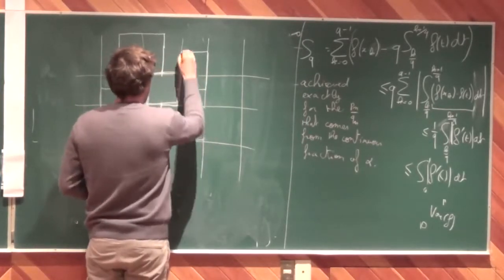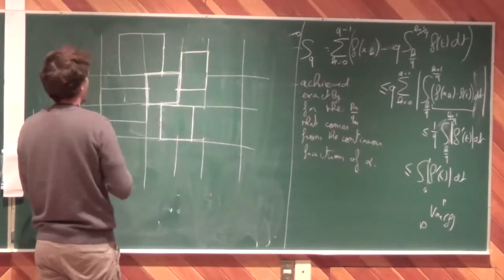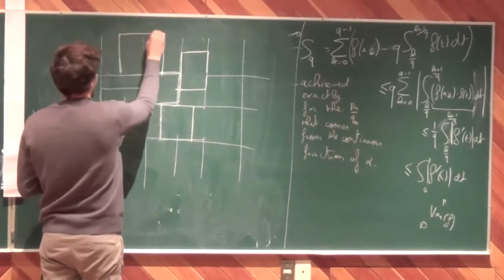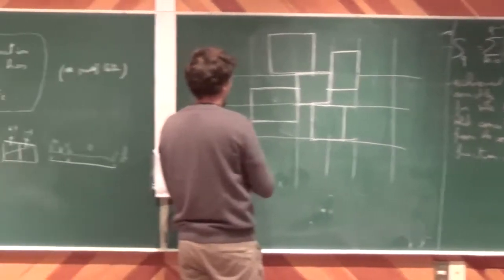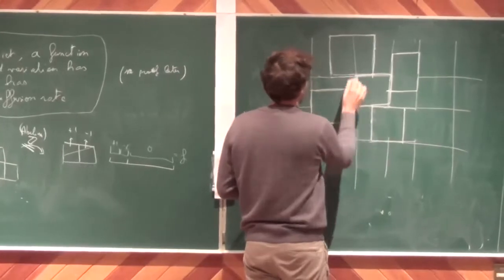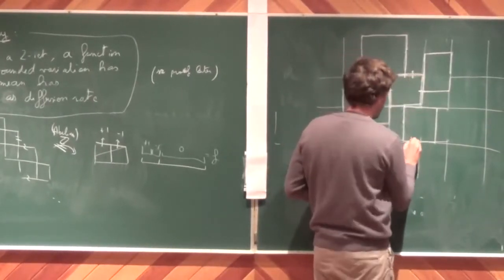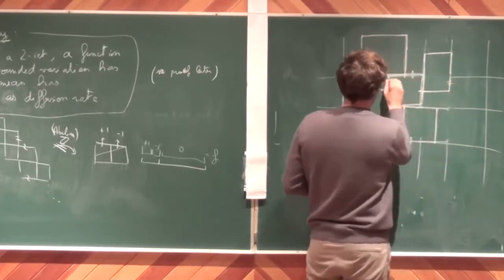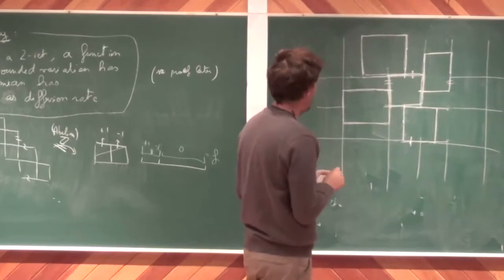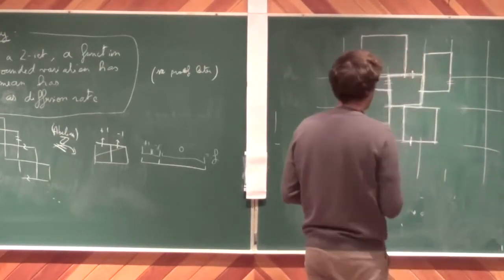There is a square unit here. One unit here. And this is glued here. And so on. Everything matches together, is put together. And then you continue the process.